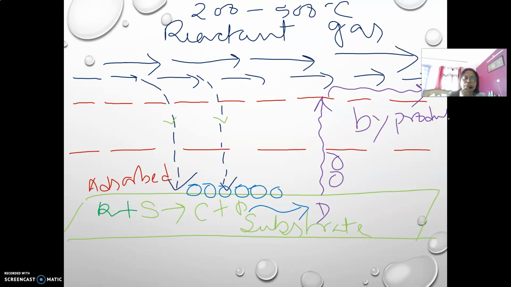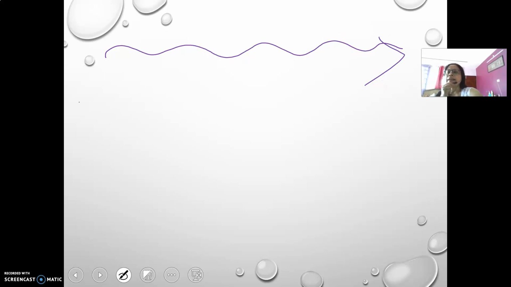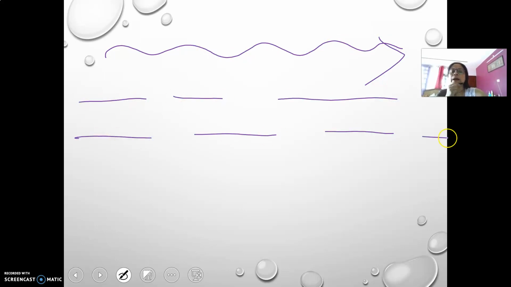So if we ask what are the processes that take place during CVD, first and foremost there will be diffusion of reactants through the boundary layer.